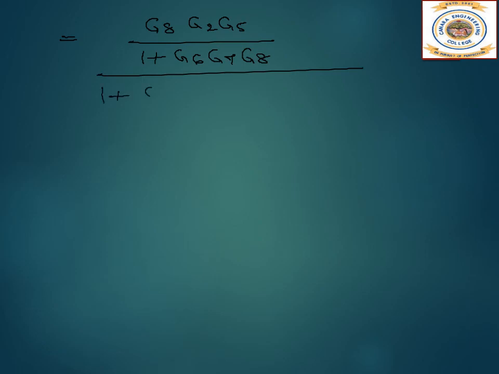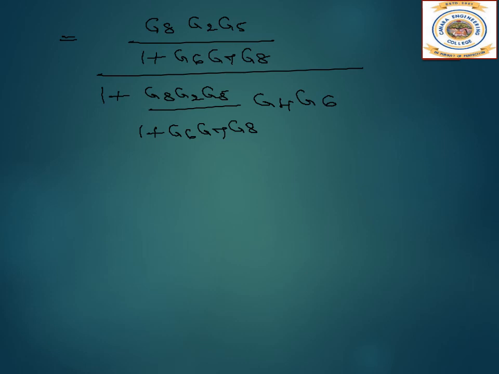So we get G of S as G8, G2, G5 divided by 1 plus G6, G7, G8, whole divided by 1 plus G8, G2, G5 divided by 1 plus G6, G7, G8 into G4 into G6.